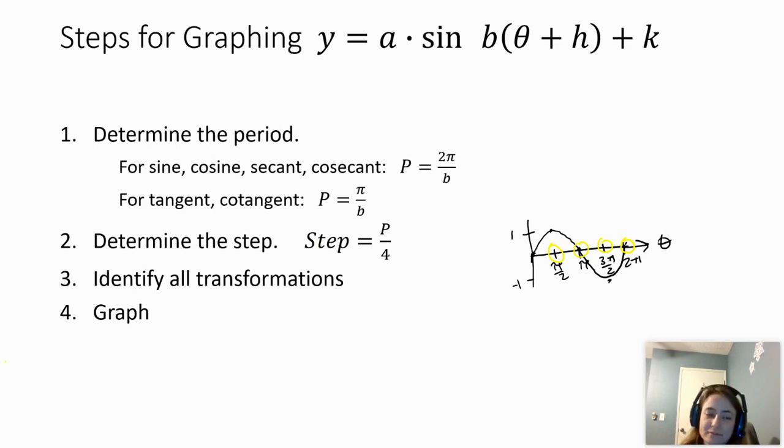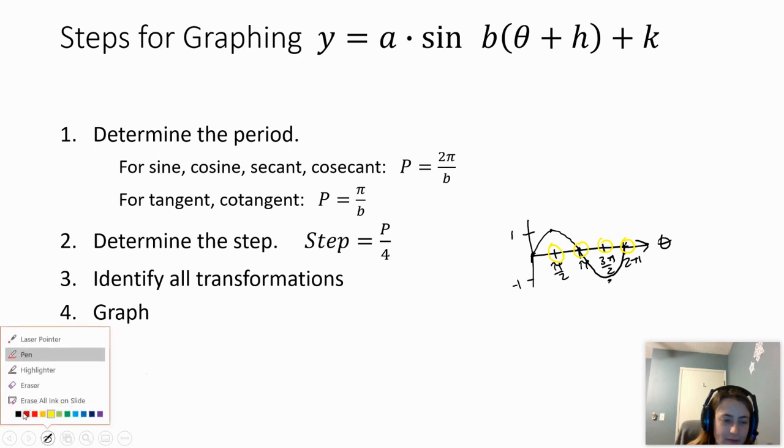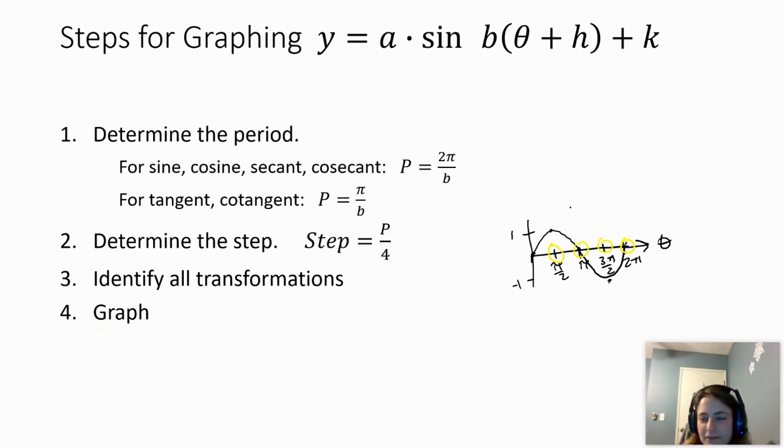So for example, if we were to find the step for this normal sine function, we know the period is 2 pi, and we divide it by 4, and we can simplify that, and that's pi over 2.